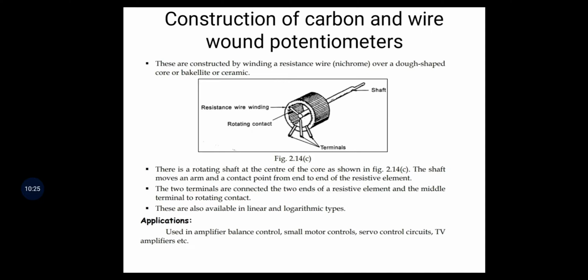The potentiometer has three terminals. Here two terminals are connected to the wire winding, and one terminal is connected to the shaft or rotating contact.